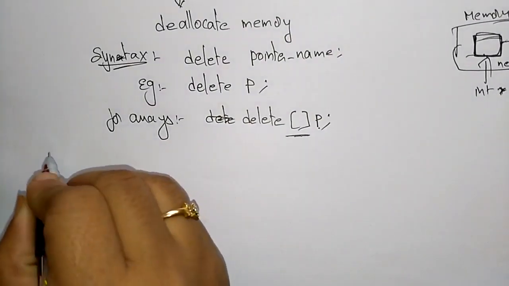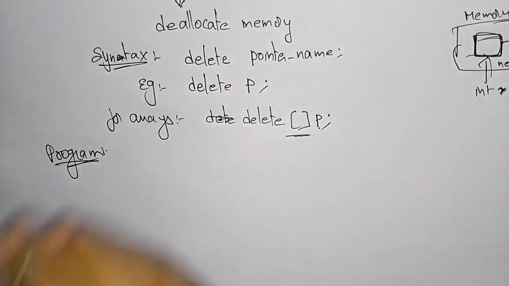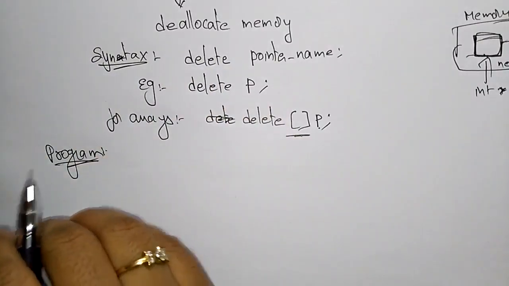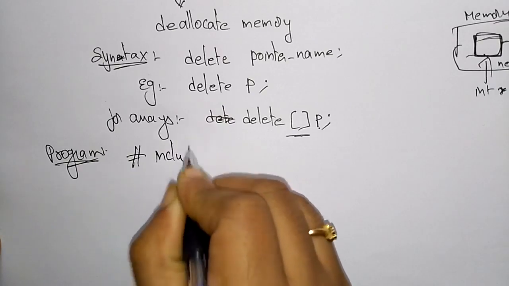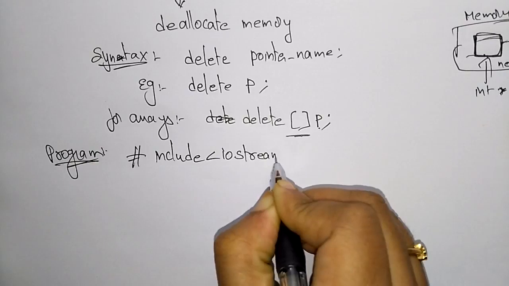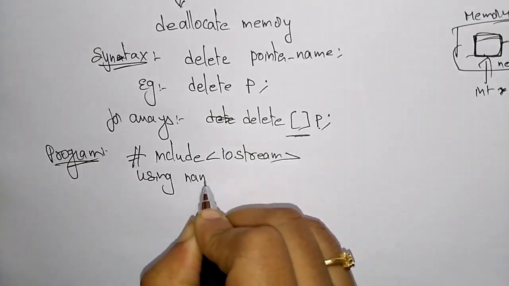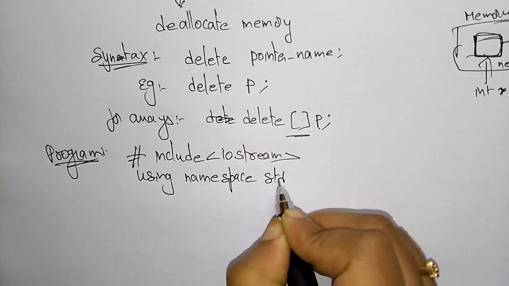Let us see one program on how the delete operator works. You have to remember, first you create the memory, and after that you delete that memory. Now I'm creating the memory. Include iostream, using namespace std.